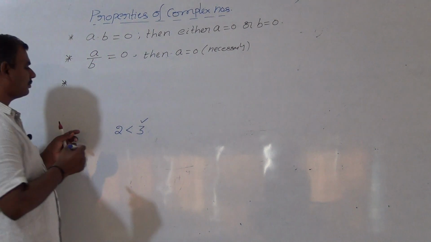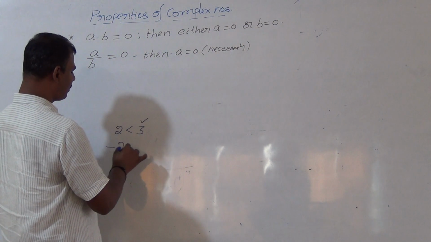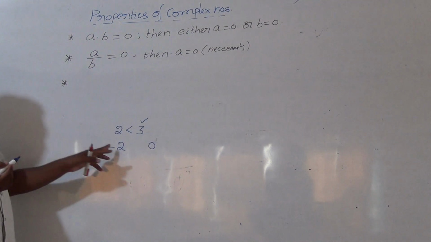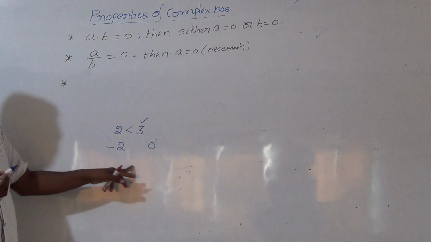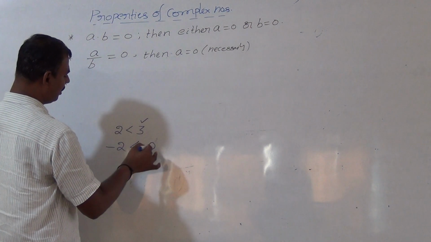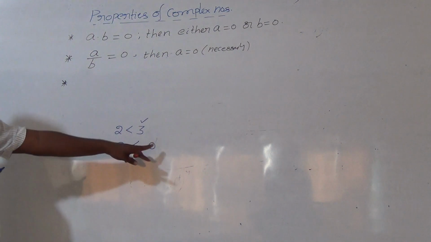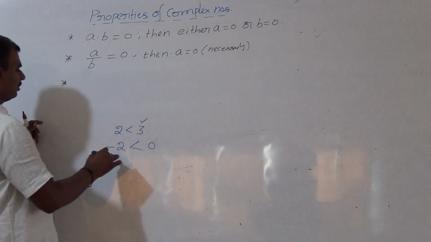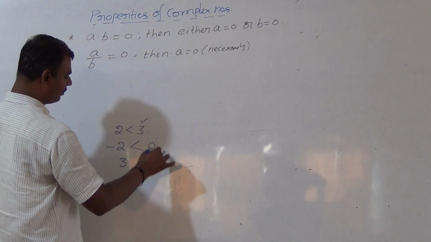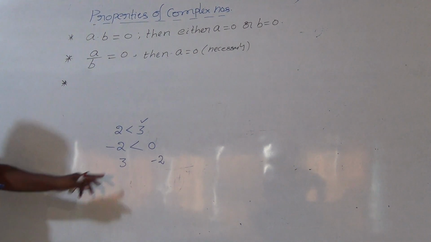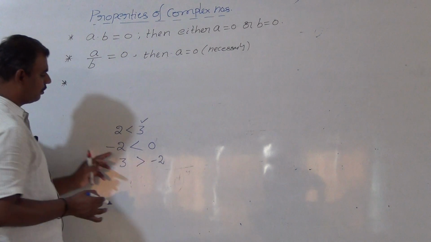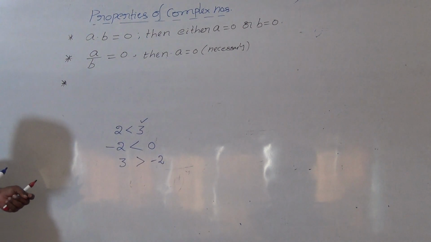For example, minus 2 and 0 given. In between these two, which is the smaller number? Minus 2 is the smaller number. So we can use the symbol minus 2 is smaller than 0. Or like this, 3 and minus 2 given. In between, which is the smaller number? Minus 2. 3 is the big number. We should use 3 is more than minus 2.